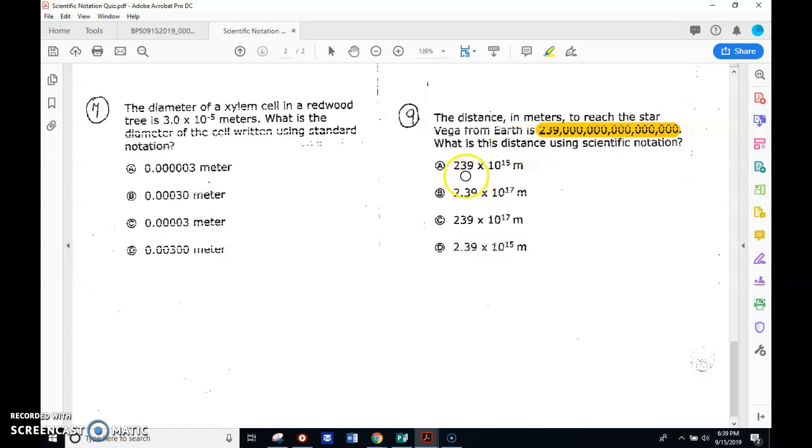A, 239 times 10 to the 15th power meters. B, 2.39 times 10 to the 17th power meters. C, 239 times 10 to the 17th power meters. Or D, 2.39 times 10 to the 15th power meters.